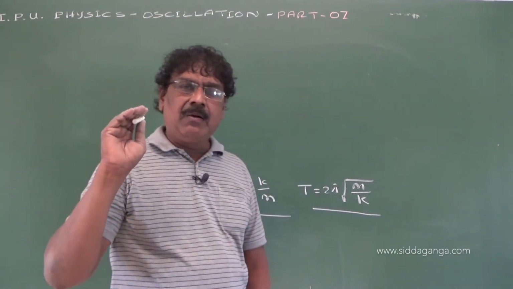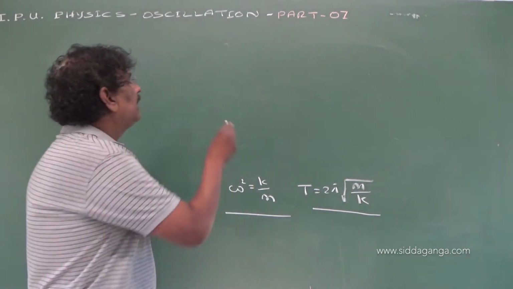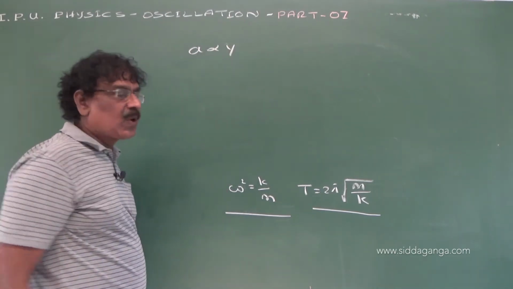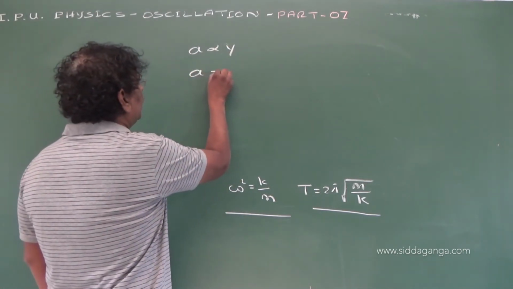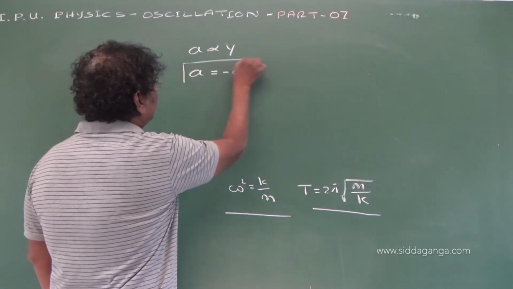Among these characteristics, the important one is that a is directly proportional to y, or we have shown that a is equal to minus omega square y.